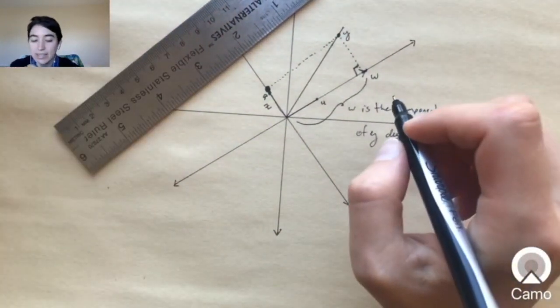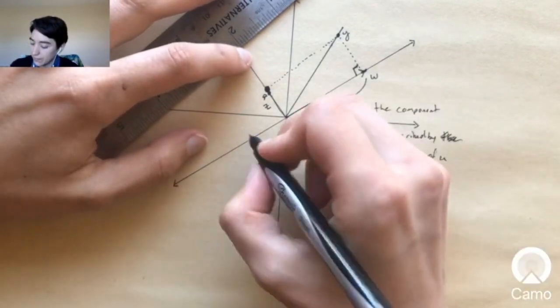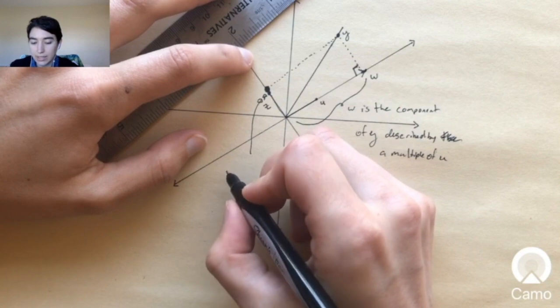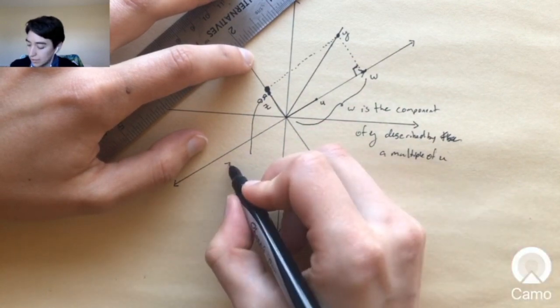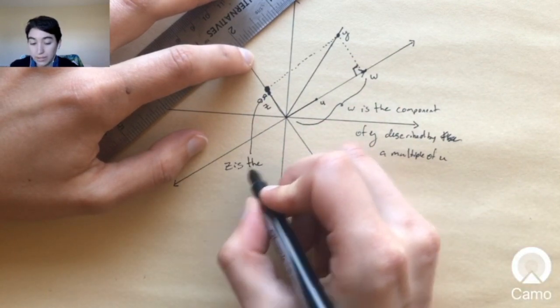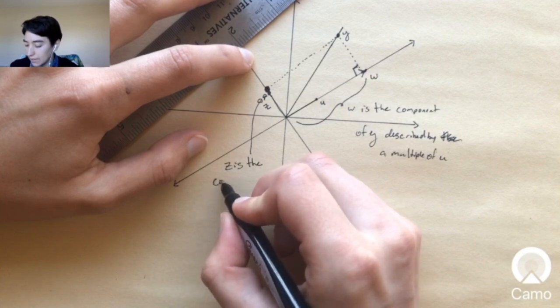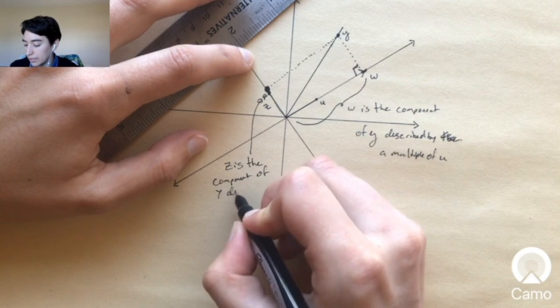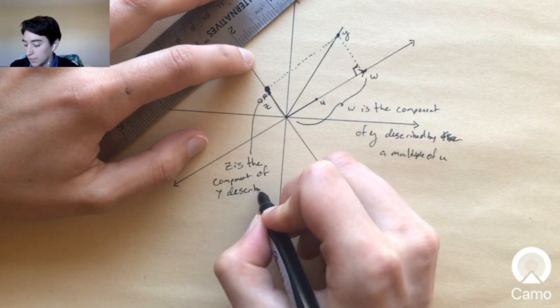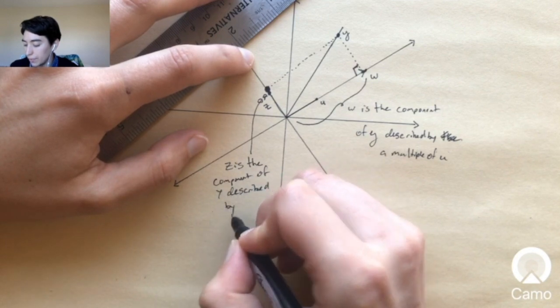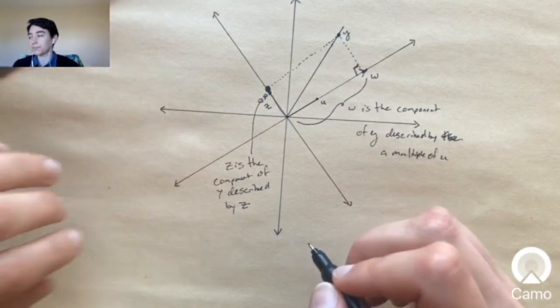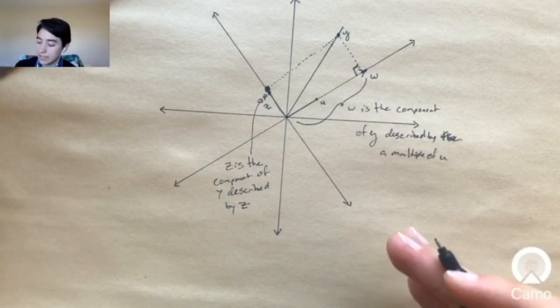And this thing right here, z, is the component of y described by z.